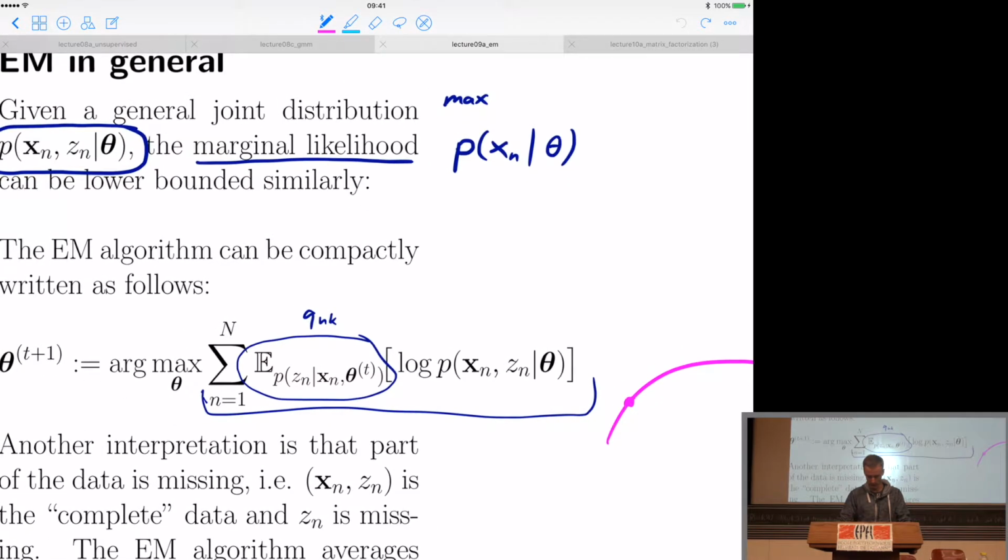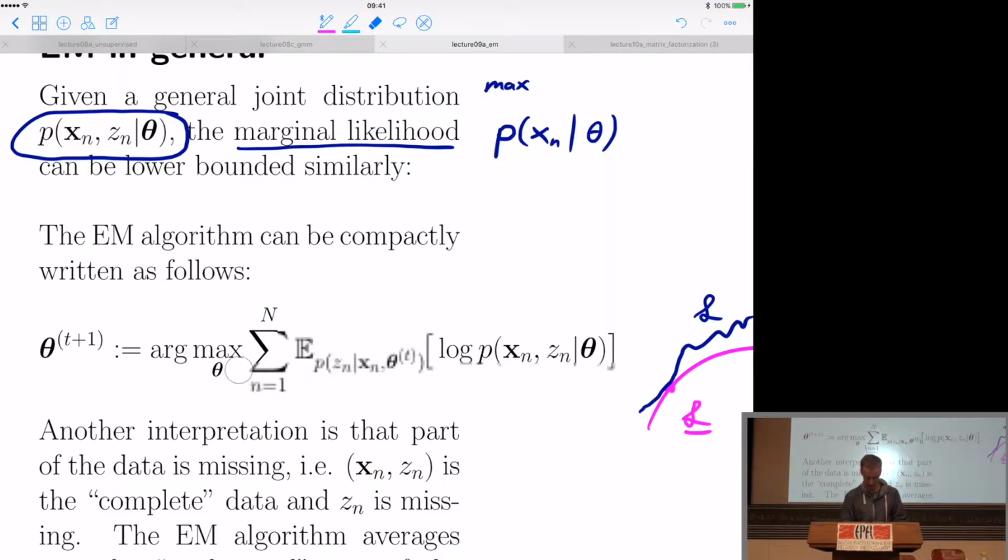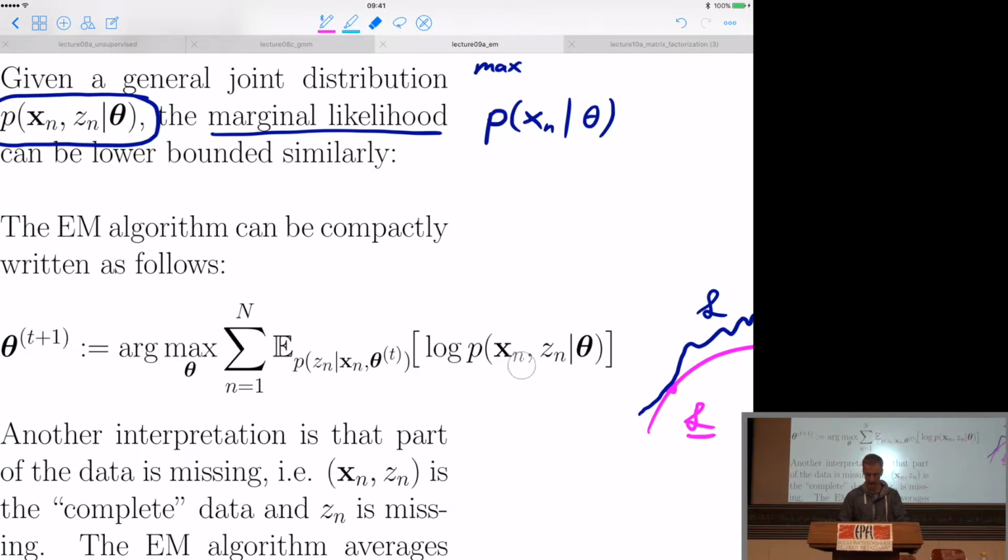Okay, what we're going to do is we're going to maximize the marginal likelihood, and actually we're going to again not do the complete marginal likelihood, which is, you know, something like that. But we're going to use again this purple thing, which is this model, and we're going to maximize that in every step. Okay, so what's happening here is that I'm claiming the generalization of EM is exactly that.